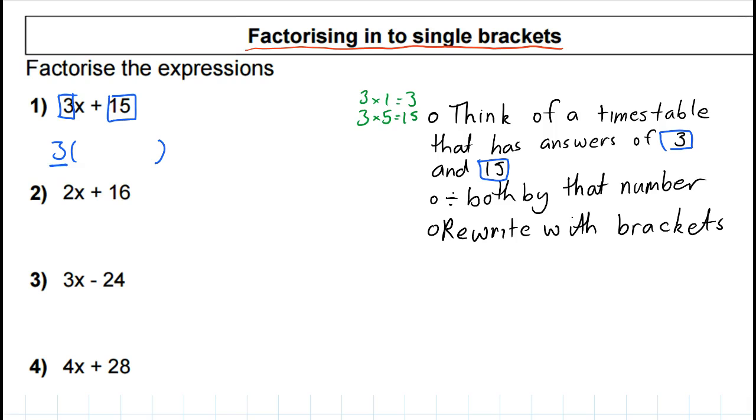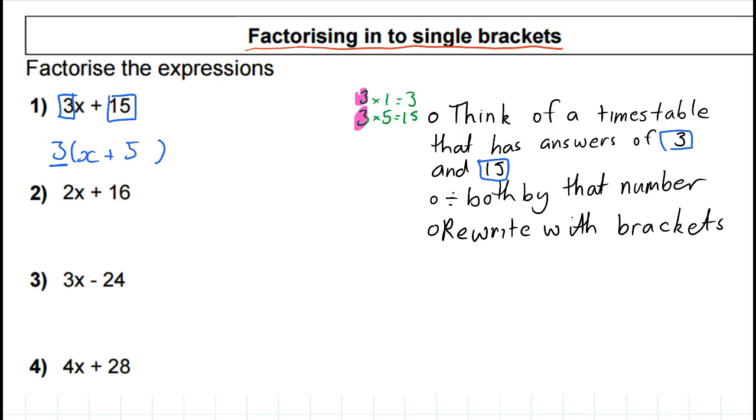Okay, 3 is the number that we're factorising by because it's a factor of both 3 and 15. Okay, so we put the 3 outside, and then we divide 3x by 3, and we get x. We divide 15 by 3, and we get 5.